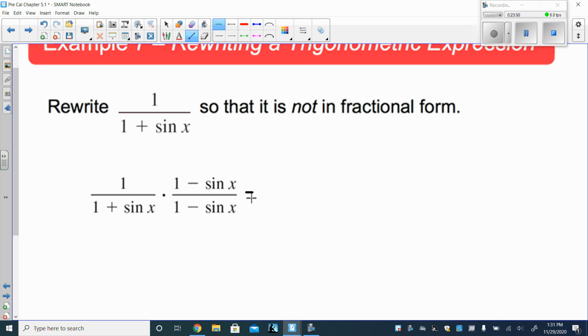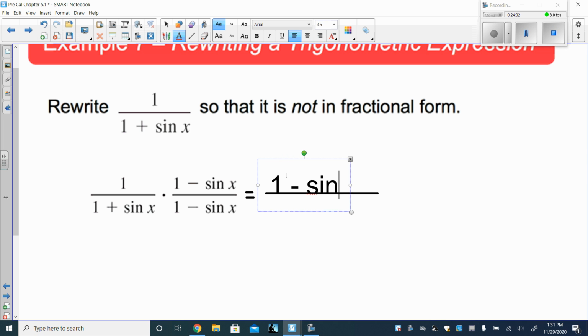Because when we simplify this, in the numerator we're just going to have 1 minus sine of x, because that's all that's going to be left over in the numerator.